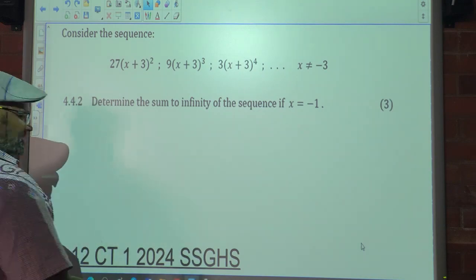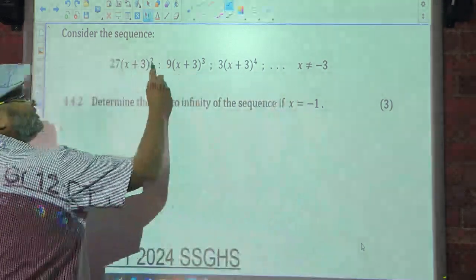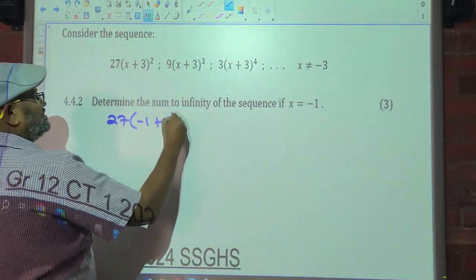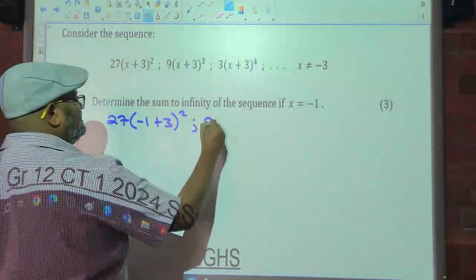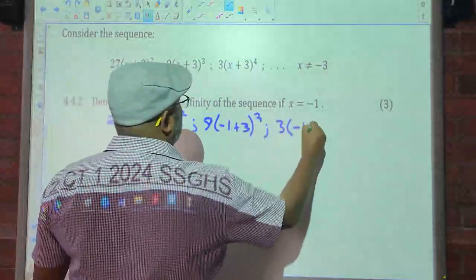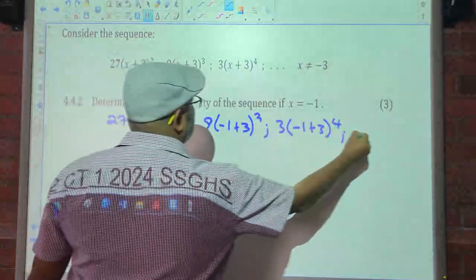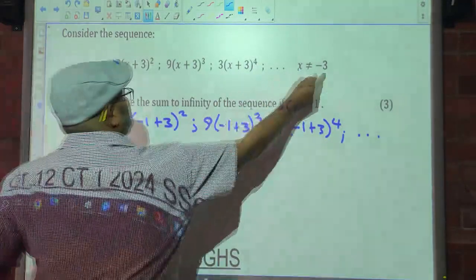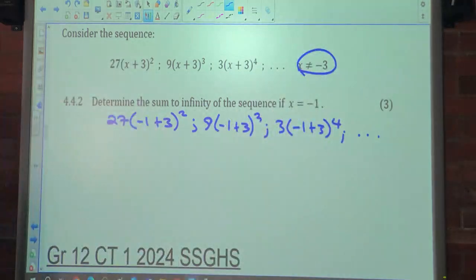So what do I do? Wherever I say x, I put a negative 1. So it's 27 into (negative 1 plus 3) squared, then 9 into (negative 1 plus 3) cubed, 3 into (negative 1 plus 3) to the 4 and so on.